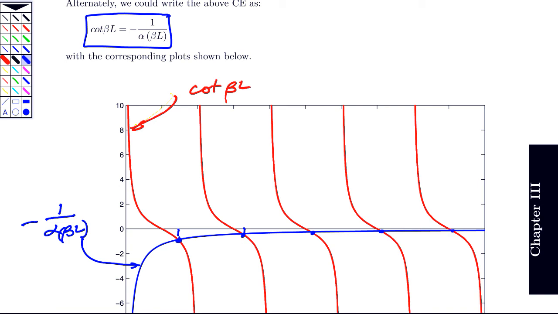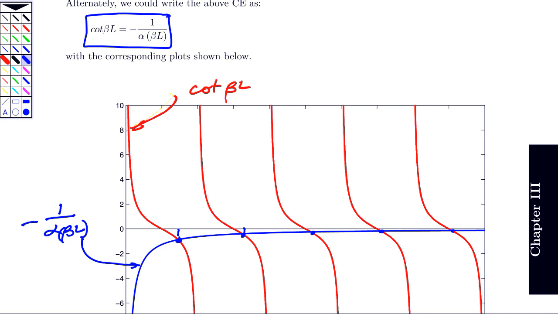But they are roots where the slope is much better behaved. So I've always found in solving this kind of problem to deal with this characteristic equation form rather than the other. They all end up being the same result in the end.